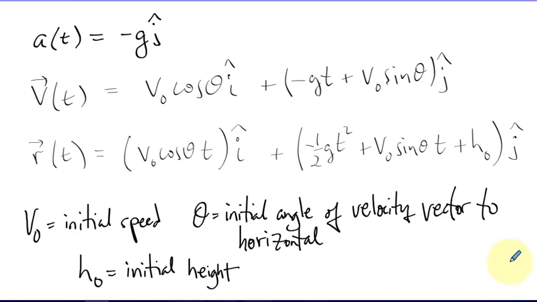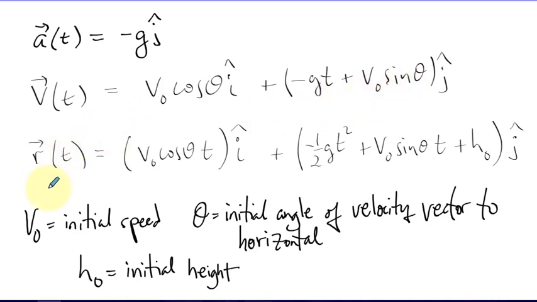All right, so here I've collected everything together. A is a vector, a constant acceleration due to gravity that we could just say is minus g, where g is this acceleration due to gravity that's constant near the surface of the Earth, either 9.8 or 32, depending on the units. We can then say the velocity vector is given by v naught cos theta in the I component, negative gt plus v naught sine theta in the j component.